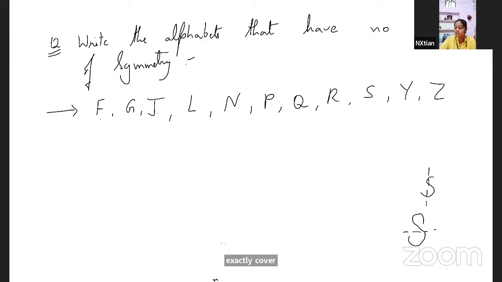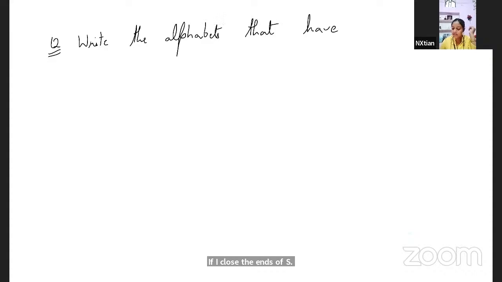Why? Because it has open ends. But if I take the number 8, will it have lines of symmetry? Ma'am, 8 has 2 lines of symmetry. Yes, 8 will have lines of symmetry because it has closed ends. If I close the ends of S, it will somewhat become an 8.